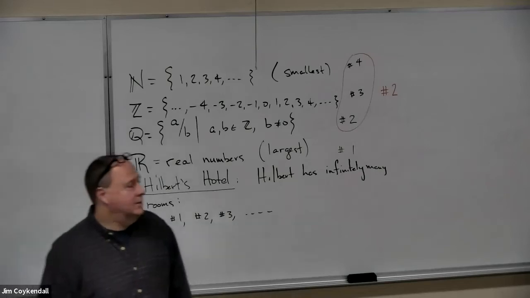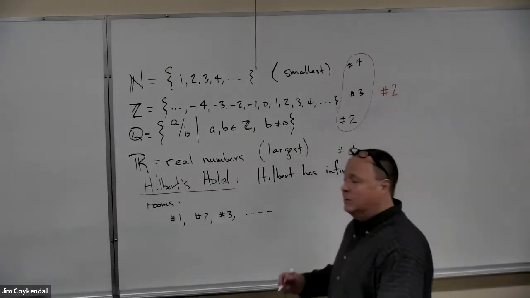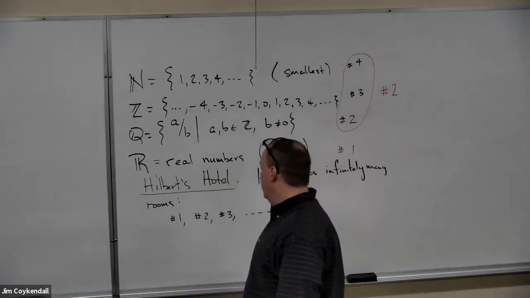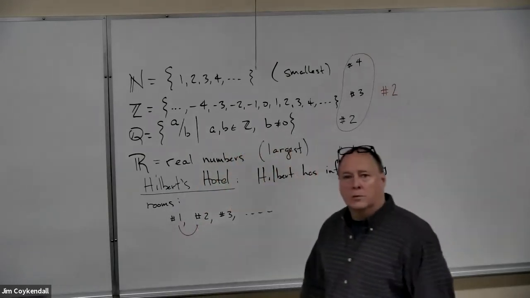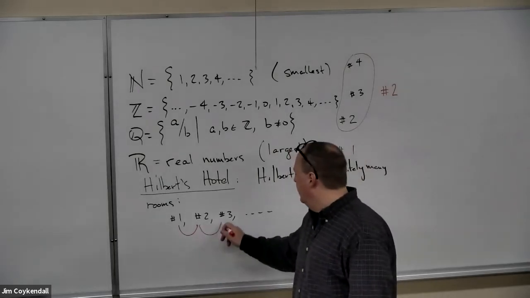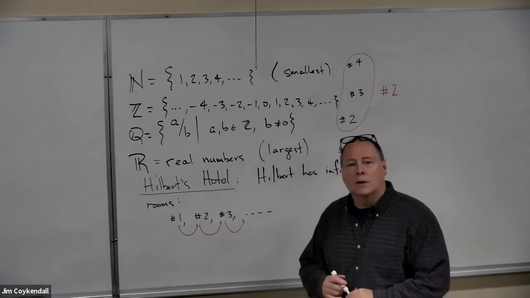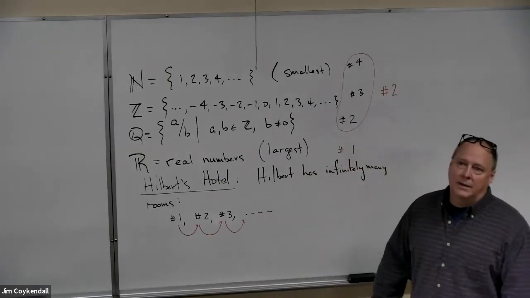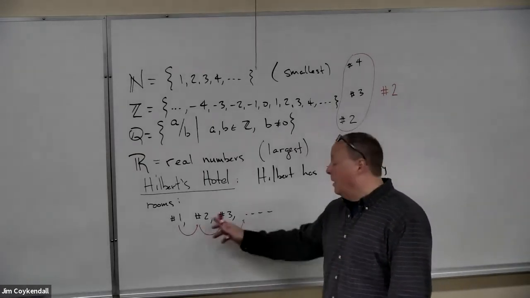Well, the answer is Hilbert can accommodate this one more guest by doing this. What he does is he has his bellhop tell the person in number one to move to room 2. Person in room 2 moves to room 3. Person in room 3 moves to room 4, and the process continues. Now, guess what? Everybody has a room to move to because there's infinitely many.